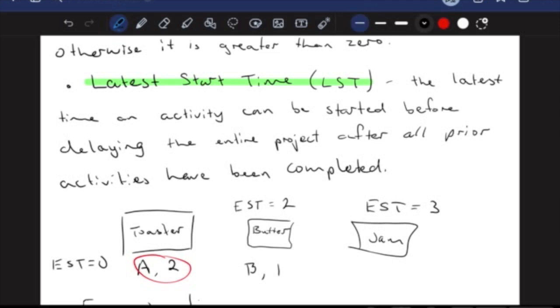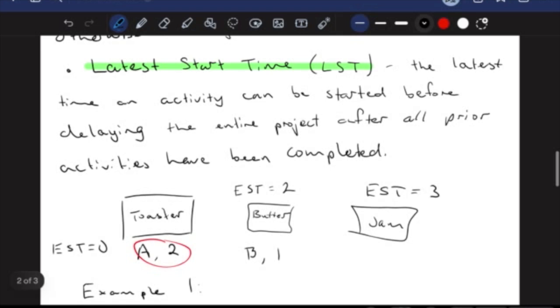We have 2 minutes in the toaster and 1 minute putting butter on. So the earliest start time for this activity is going to be 3. And let's say this takes another minute. We're not even using network diagrams here. We're just trying to understand conceptually what we mean by the earliest start time. I hope that makes a bit of sense.